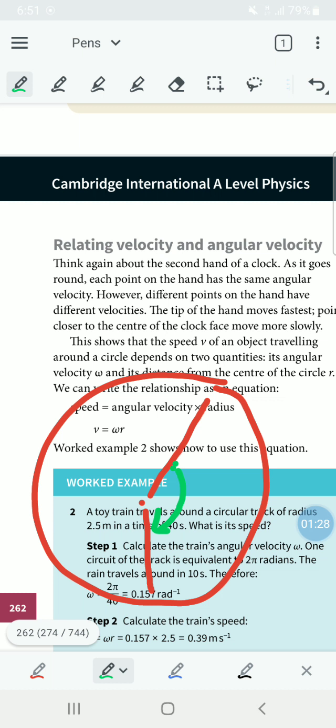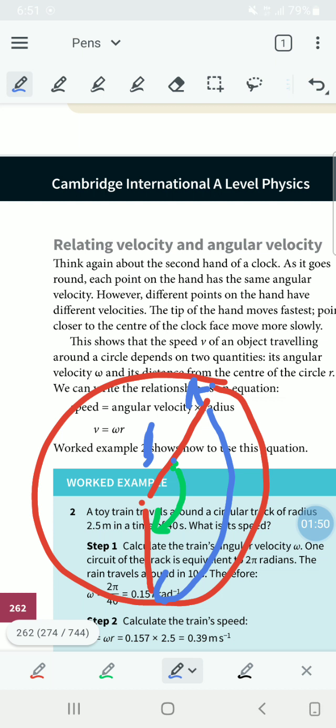But if you take this point, it travels a higher distance, but at the same time it takes the same time for both of these points, point A and point B, to travel these lengths. It takes the same time because it is on the same hand.